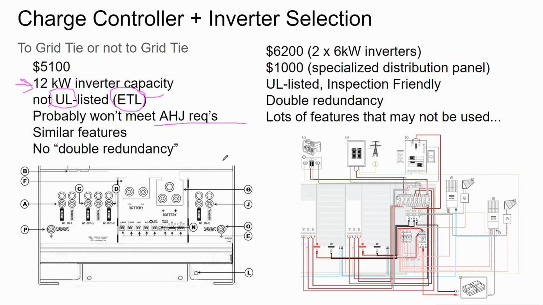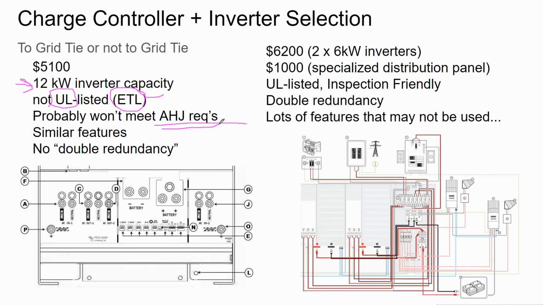And so that might not meet the AHJ requirements, especially if you're trying to argue that it's not a grid-connected array, and that the transfer switch inside the inverter allows it to charge from the grid but not output to the grid, or bypass the system.